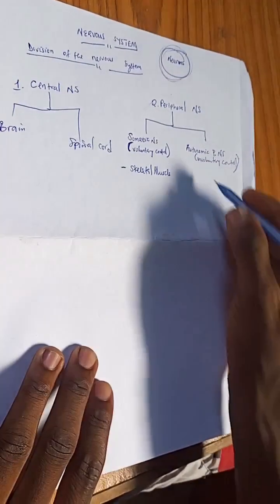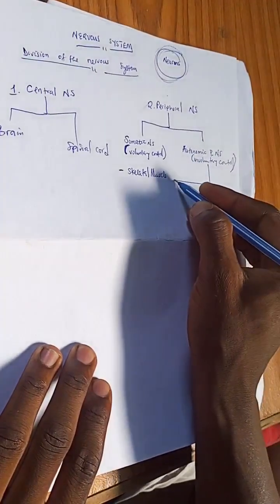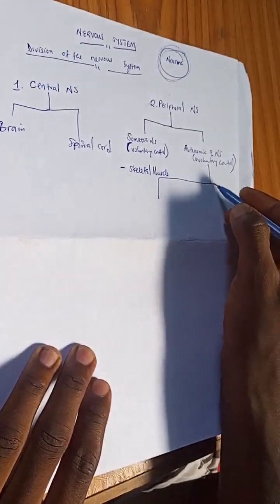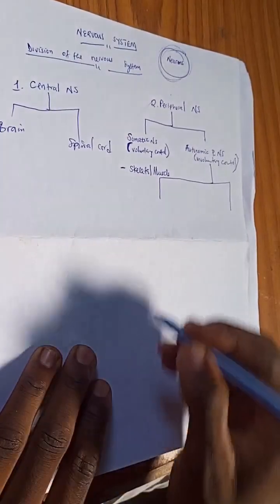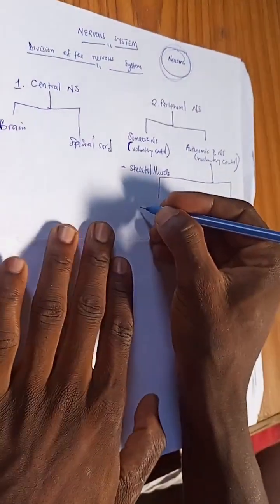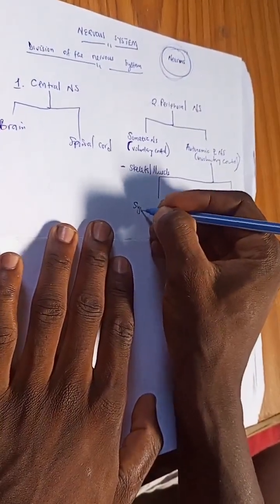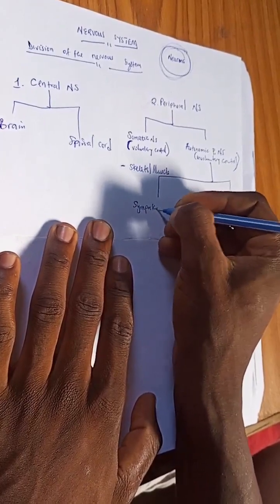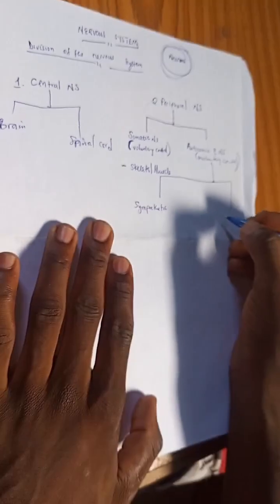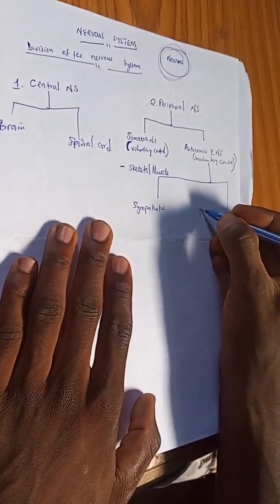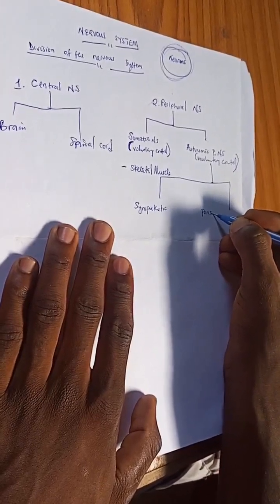This autonomic peripheral nervous system is further divided into two. So we have what we call sympathetic and what we call parasympathetic.